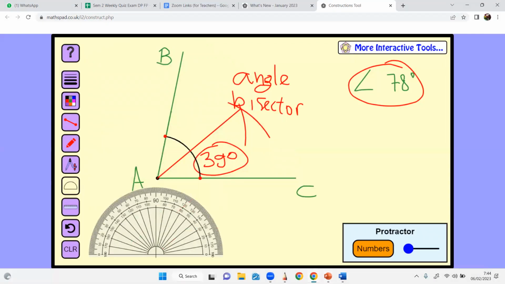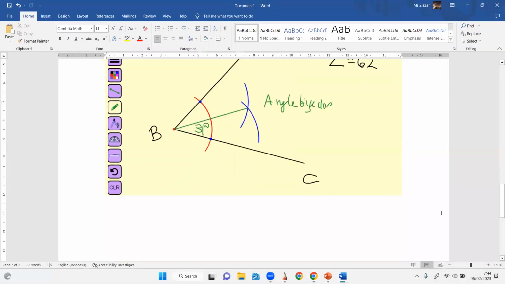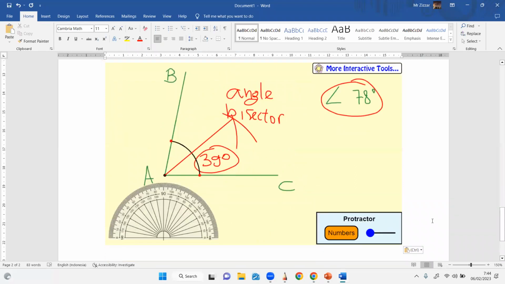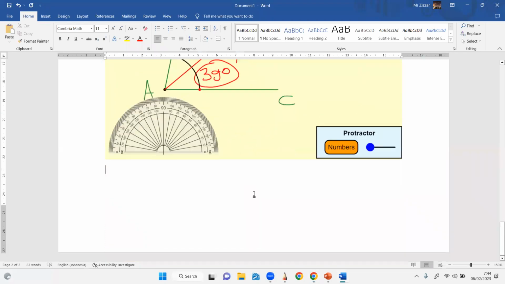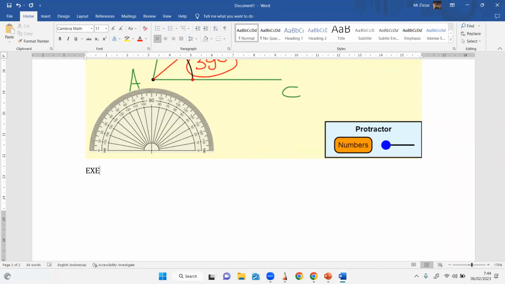No? Okay, I'll give you some example exercises. Next meeting, we will learn about constructing the triangles and quadrilaterals. Number 1. Can I use that one on this?